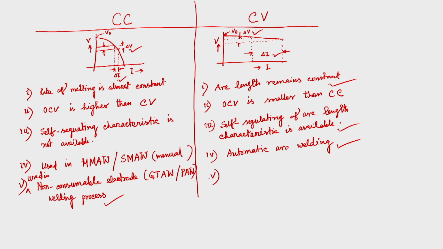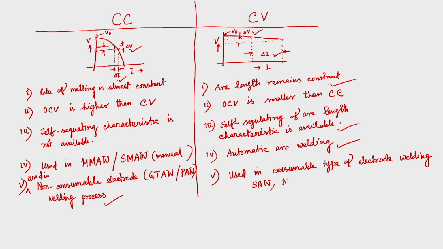But constant voltage power source characteristics are used in consumable types of electrode welding processes, like submerged arc welding, where the electrode carries current as well as melts and is consumed in the weld zone.